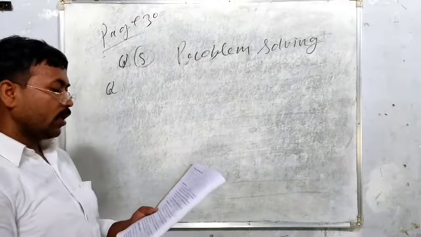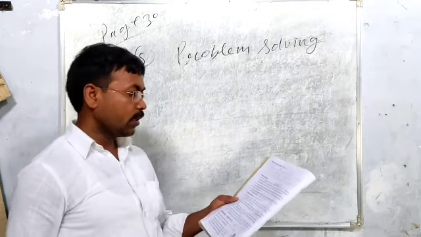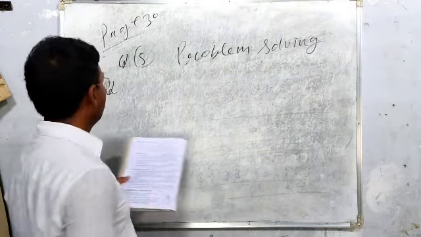Now children, come to the third one. You can read the question from your textbook on page number 30, problem solving third.